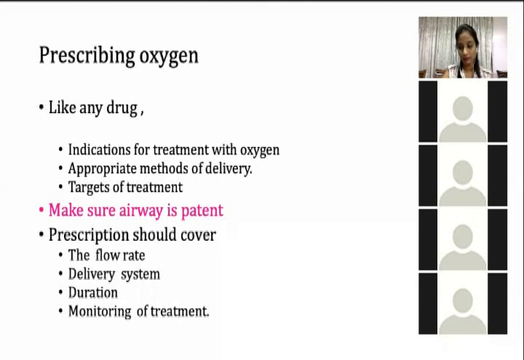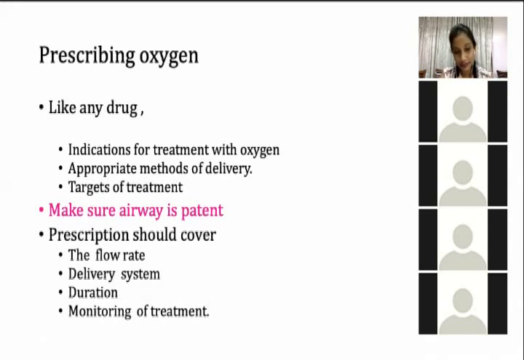So, generally, the prescription should cover the flow rate and the delivery system that you are going to use. As you said, if you think of another drug, you talked about the route, isn't it? When we give oxygen, we use the airway route, but there are different delivery systems. Like different routes, you have different delivery systems.